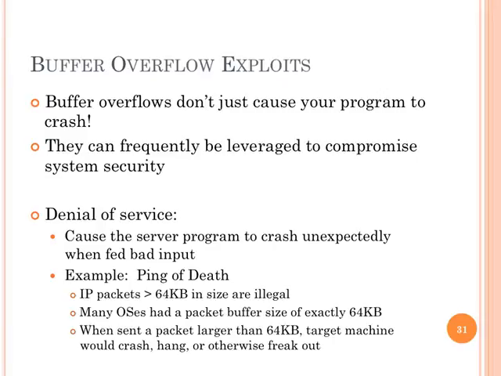And OSs, expecting that this would be the case, would have a buffer that was exactly 64 kilobytes. And so what you could do is, with various programs that were floating around, you could send people's computer a packet that when it was reassembled would be larger than 64 kilobytes. And on Windows, it would instantly result in a blue screen.